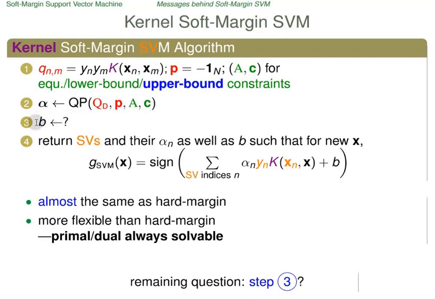What about the beta? We can use KKT conditions later again. So the bias we calculate from support vectors.